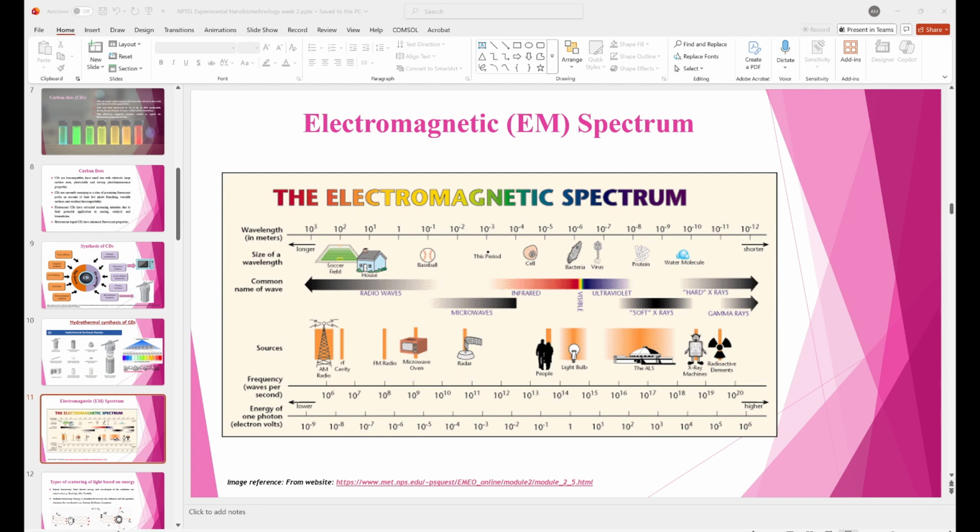What is inelastic scattering? In inelastic scattering, energy is transferred between the radiation and the particle, changing the wavelength. Your electron will absorb a particular wavelength, but when it emits, it emits a different wavelength from the one it absorbed. So the excitation wavelength and the emission wavelength are different in energy. Why is it different?